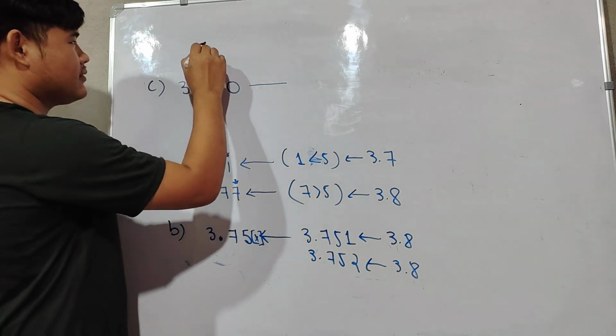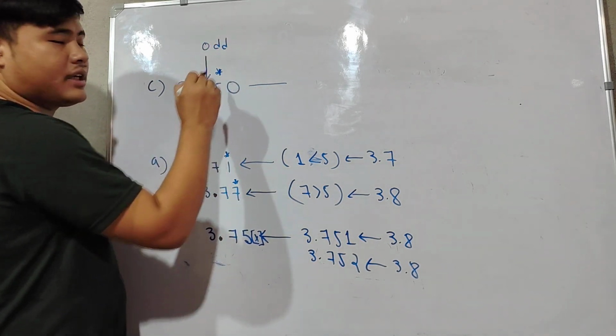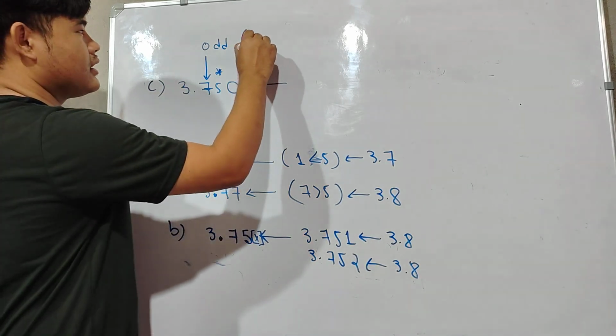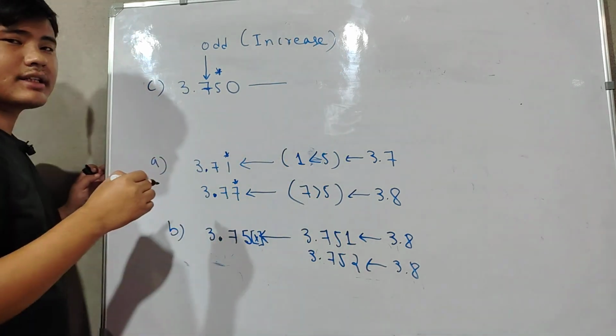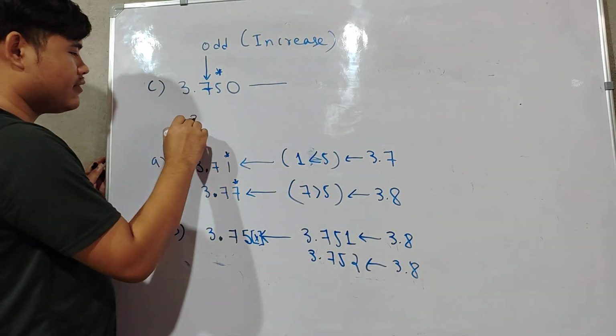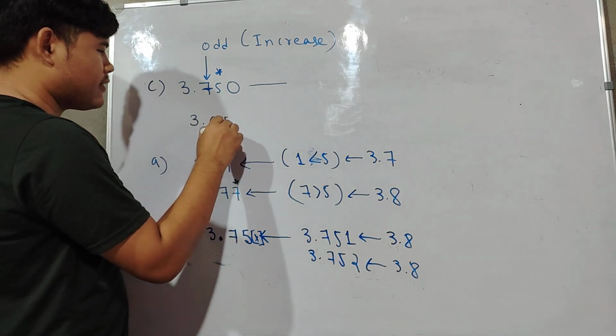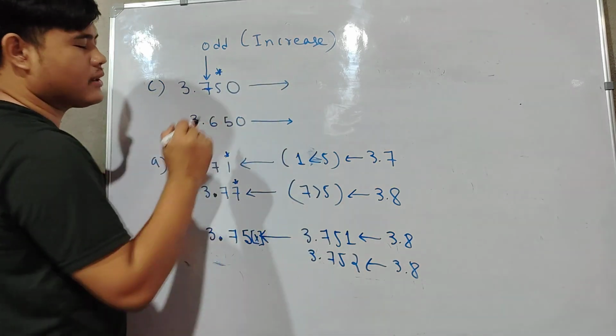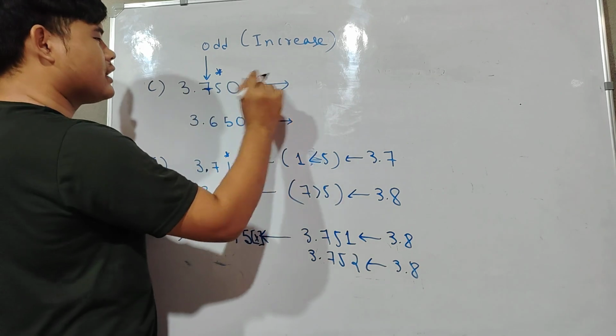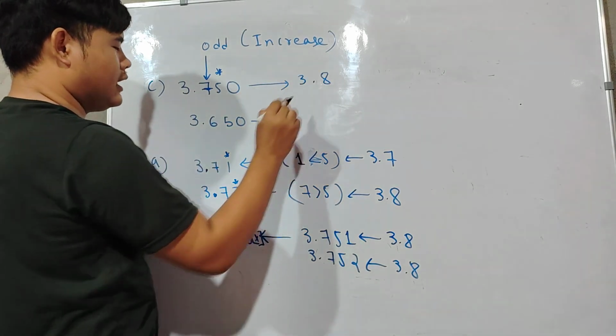If it is odd, it will increase. Like 3.750, the digit before 5 is odd, so it will increase, this will be 3.8.